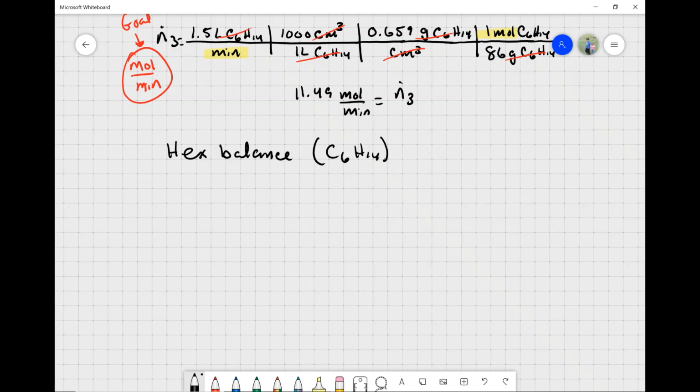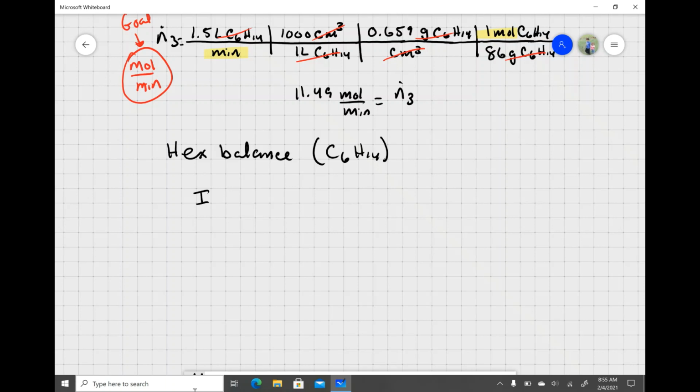I was writing it as hex because, you know, being cool, I guess. So again, we're assuming input equals output.